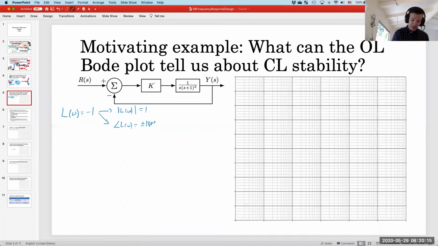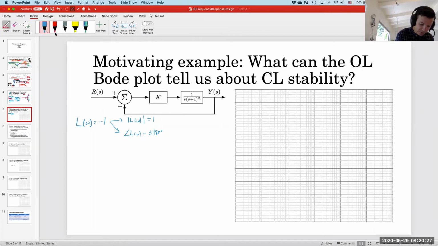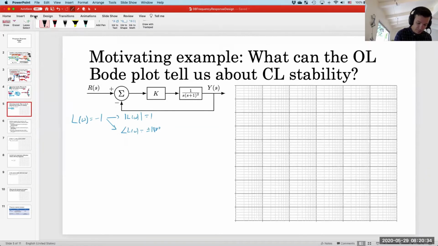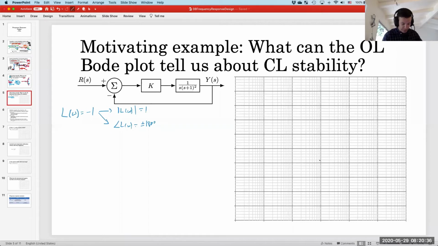I'm going to skip the k for now because I can add it back in later, since k just represents a constant offset in our magnitude plot. Okay, let's get our frequencies lined up here. Everything pretty much happens at omega equals 1 radian per second.